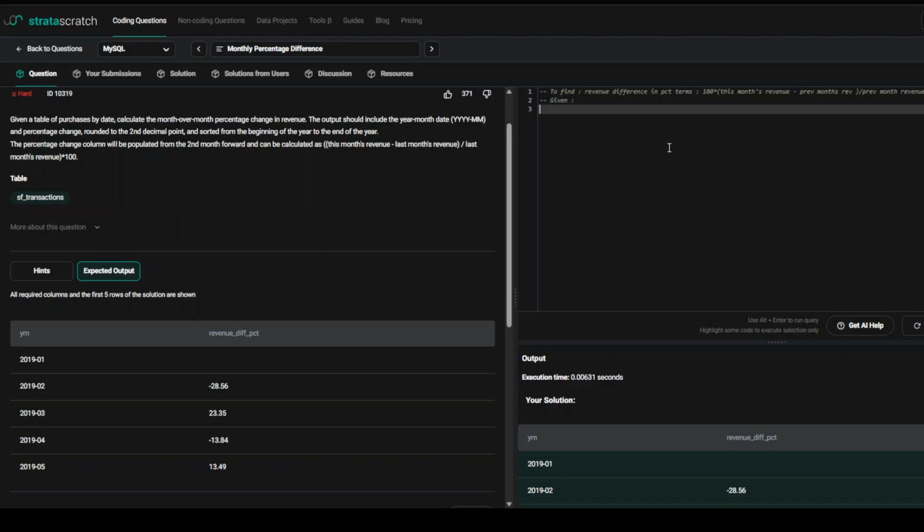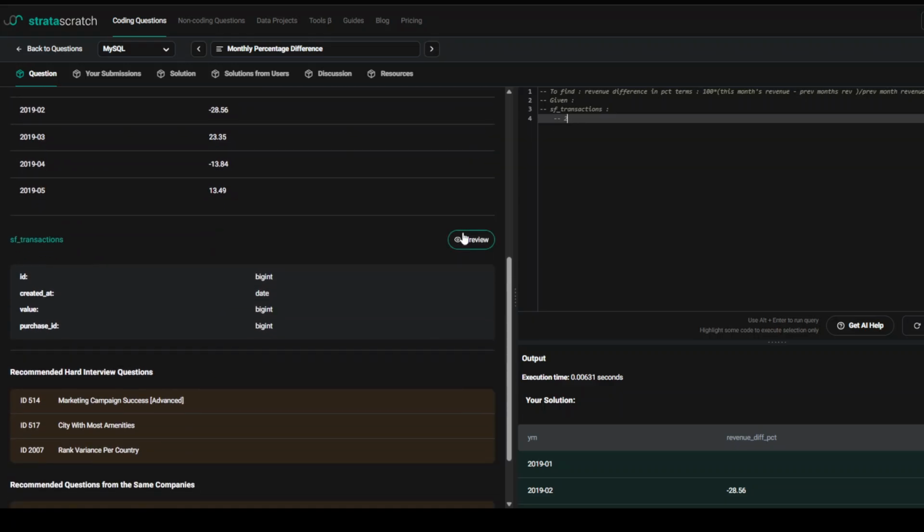What we have been given is a table called sf_transactions, which has four columns. First is ID, second is created_at, third is value, and fourth is purchase ID.